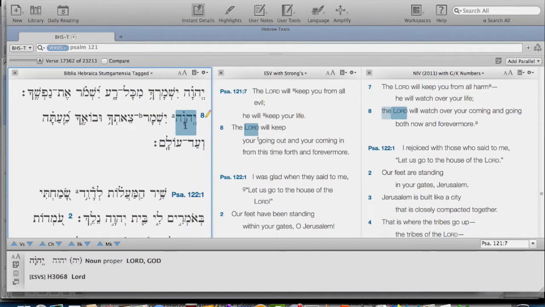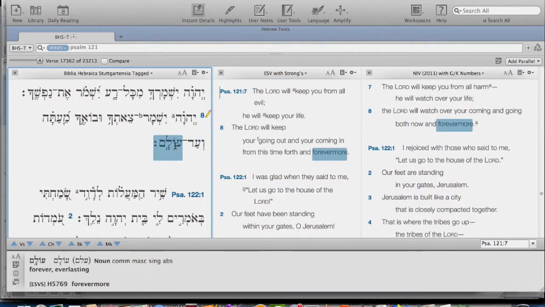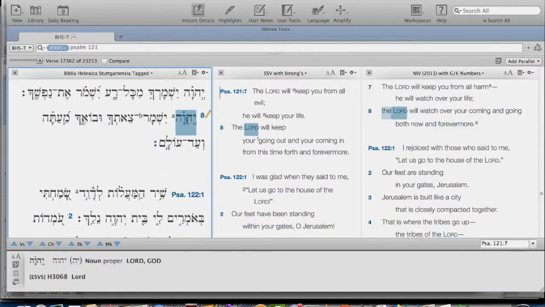We have Adonai, yishmor tzeteka uvoeka, me'ata ve'ad olam. Again, we have Yahweh here as the subject, and we have another repetition of shamar, and it's a third person qal imperfect.